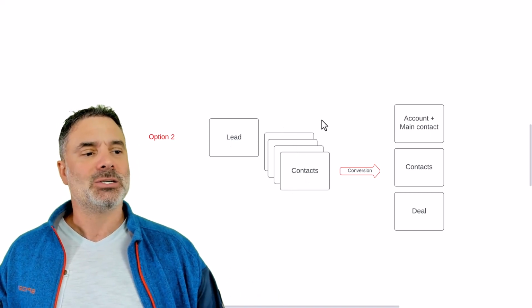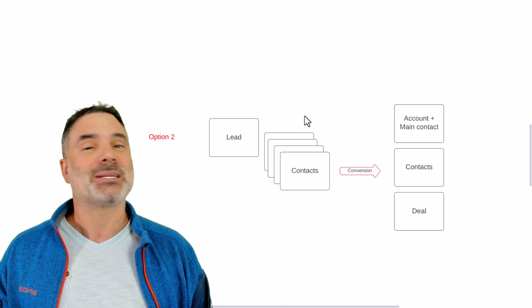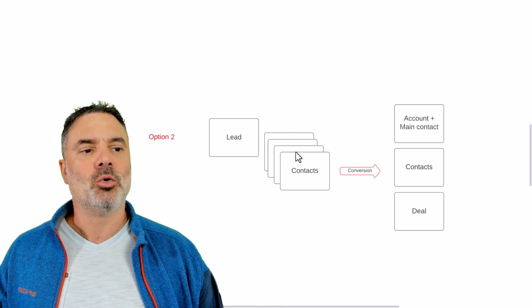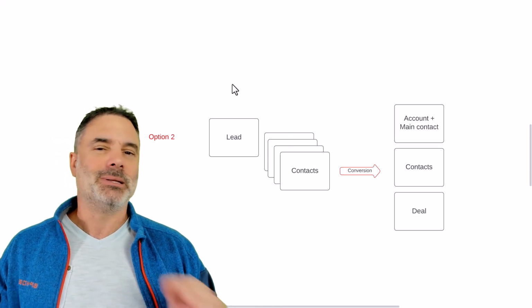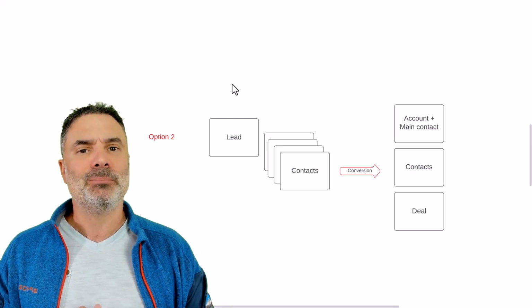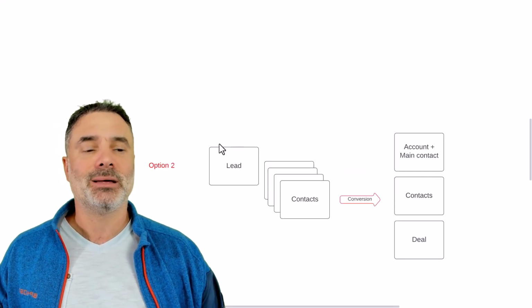Think about the contacts like a phone book of people. The contacts will be loaded against the lead, but the company is still not considered a qualified company, so instead of creating it as an account, I will create it as a lead.